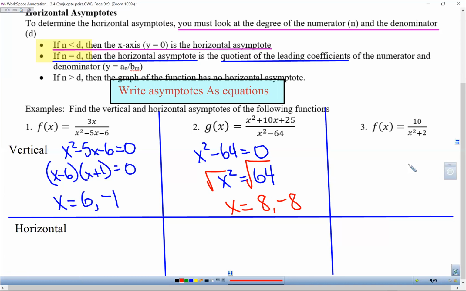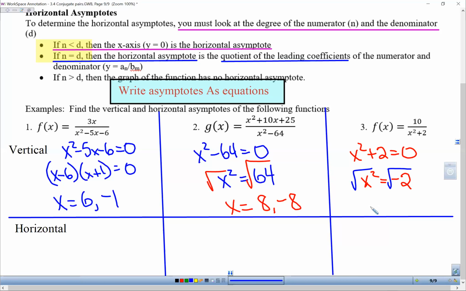All right, number 3, same thing. We're looking for the zeros of the denominator. So x squared plus 2 has to equal 0. And if we subtract 2 from both sides, we get x squared equals negative 2. And we need to take the square root. So here's the problem. We can't take the square root of a negative number and put it on a graph because we're going to get an i. That's a complex root or an imaginary number.